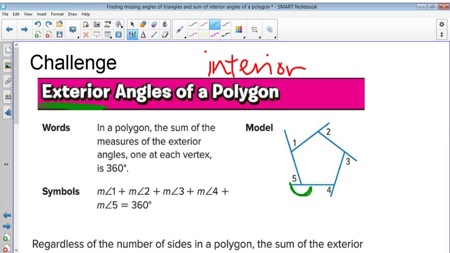Exterior means outside. I'm sure you've learned exo is out. It has to be an angle that's forming a linear pair, and each interior angle actually forms 2 linear pairs. So I could extend this line the opposite way, and this angle right here forms a linear pair, so that is the exterior angle. Notice it's a vertical angle with angle 5, so the exterior angles are congruent.